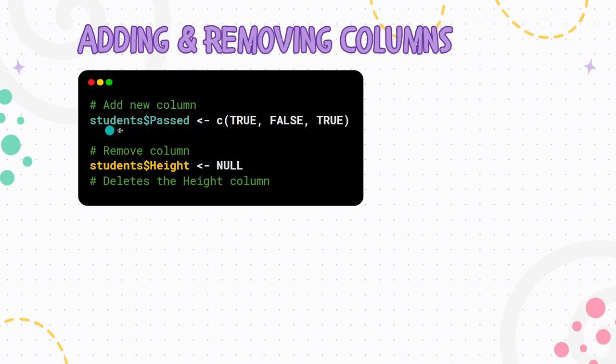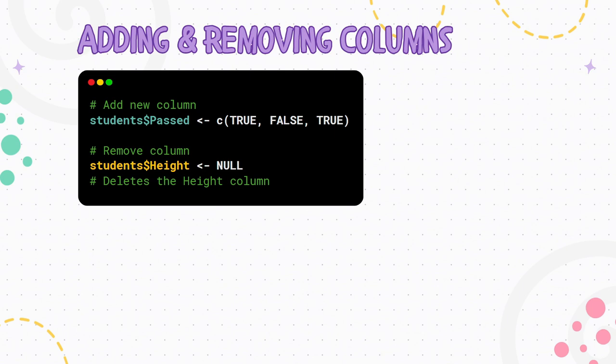Inside the column, I would just store another vector. And remember that the number of values in the new column should be equal to the number of values in the previous columns. So if there are 3 rows inside of the previous column, there should be 3 values inside of the column that you're adding.